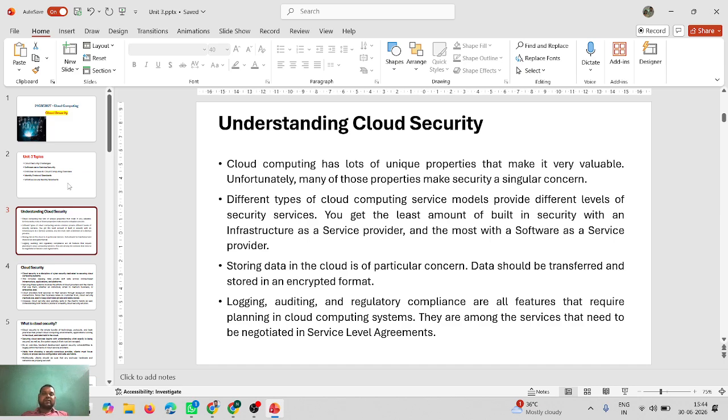So this is another thing. Storing your data in the cloud is of your interest. As far as my concern, security is the shared responsibility model. That means it is a responsibility of both the end user as well as the service provider, right? Say, for example, username and password should be handled by the designated end user.